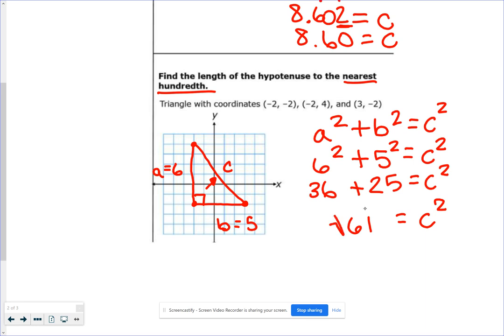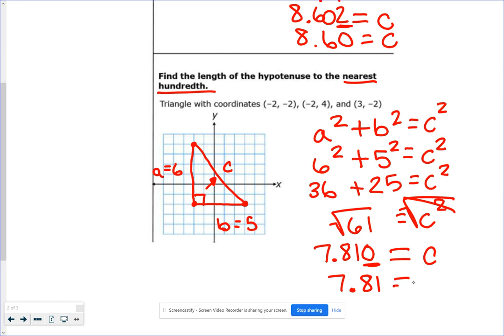So the opposite of that is taking the square root. It cancels it right out. So I'm left with C equals, and remember, round to the nearest hundredth. So take the calculator out. Square root of 61 is 7.810. So what's that 0 tell that 1 to do? Stay the same. 7.81 equals C.